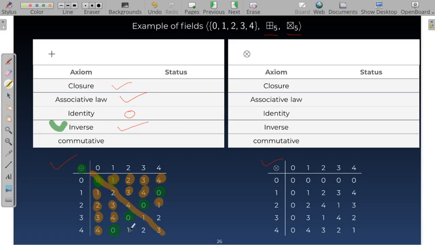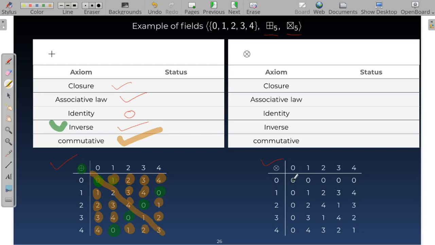You have 1 here, you have 1 here, and 2 and 2. So you can see that this is going to be symmetric with respect to the diagonal. What does this symmetry tell us? That A plus B is actually equal to B plus A. This is what this symmetry tells us. So it is going to be commutative. So this is commutative. Now next we are going to discuss with respect to multiplication.